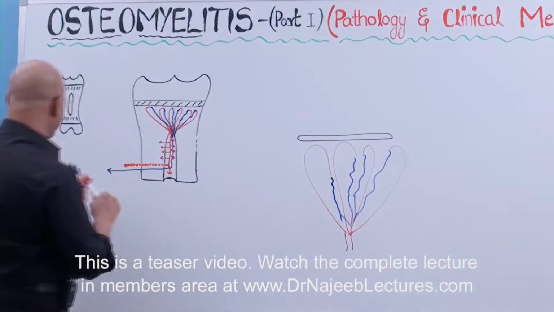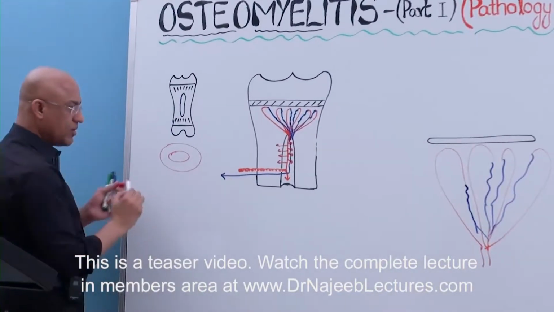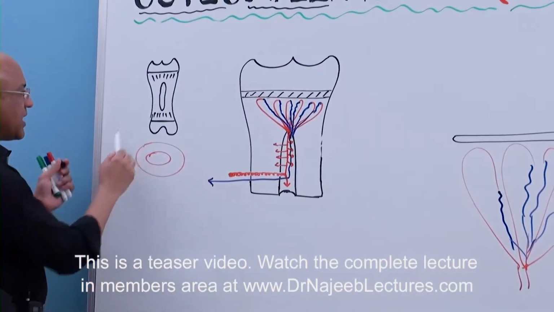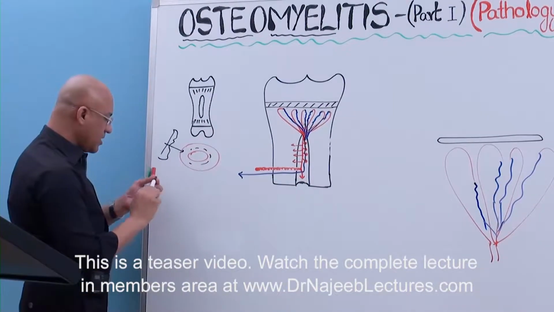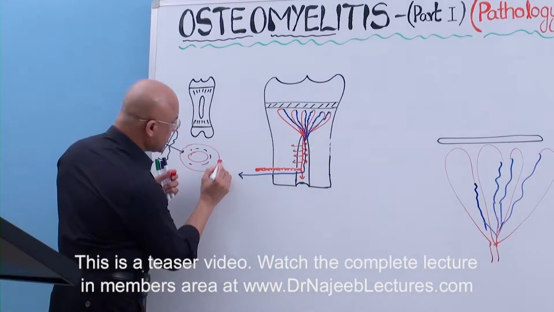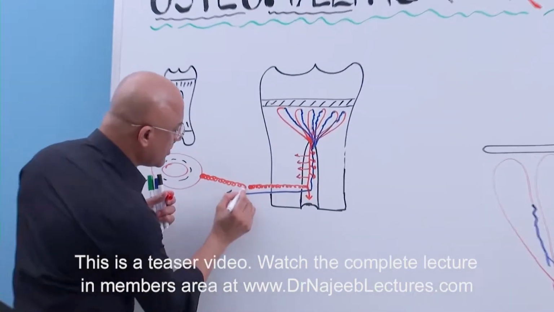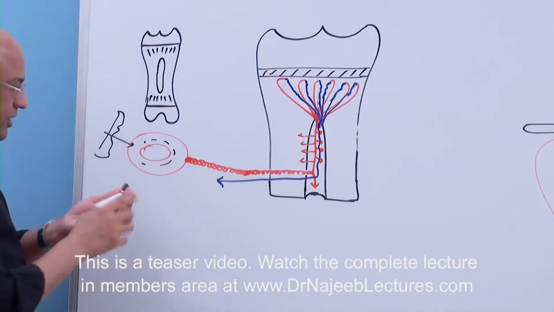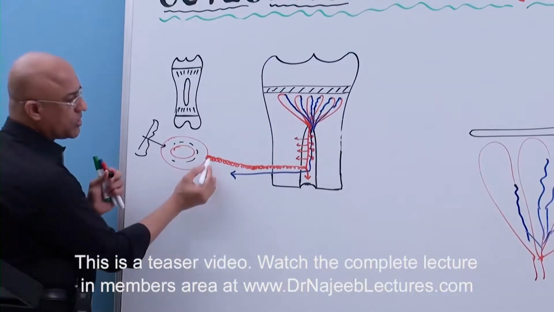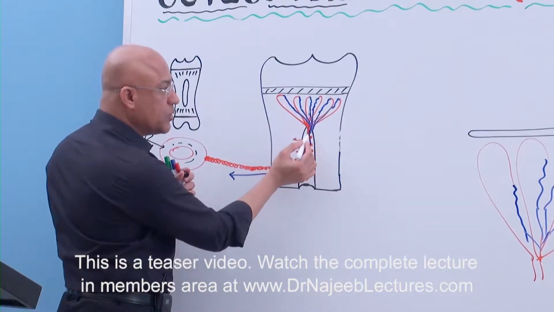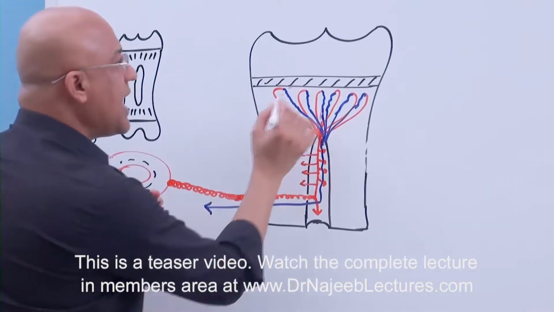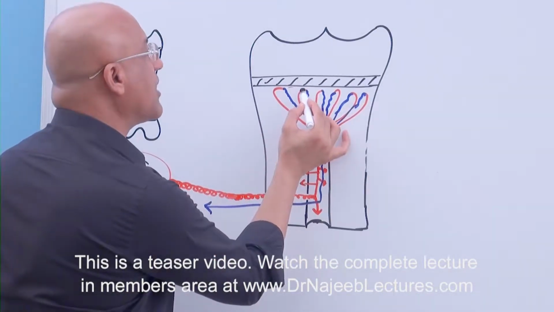Now, if bacteria were in general circulation, for example, having entered from a minor skin infection, and somehow by chance reach this blood vessel, the bacteria will enter through this nutrient artery, reach these loops, and love to settle here.